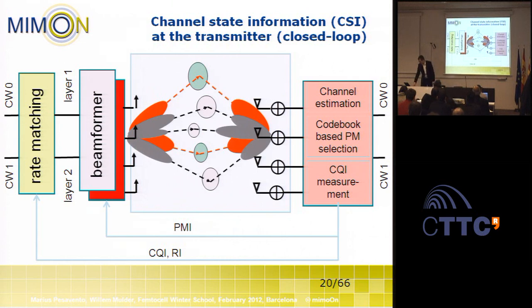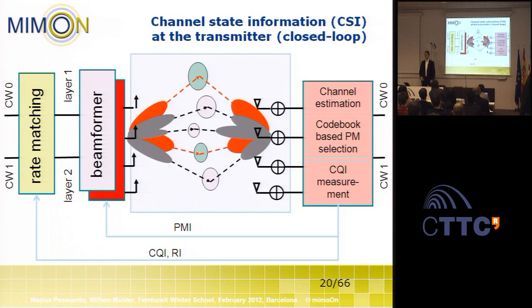So let's take a look at such a MIMO system. Let's say we have 4 transmitter antennas, and we are transmitting 2 spatial streams over these 4 antennas, as illustrated here. As a receiver, we can perform the channel estimation. As I said, the reference signals are included, so the channel can be estimated for each of the frequency bins.